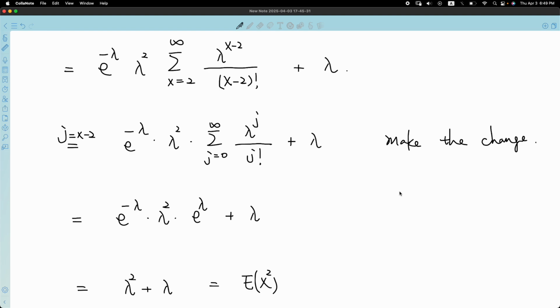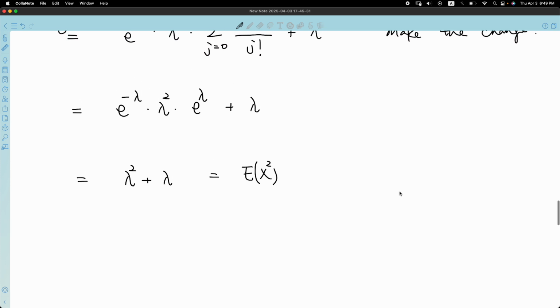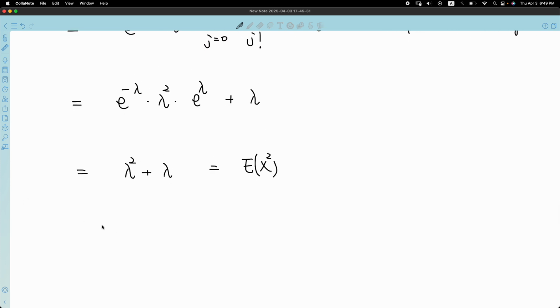We finished calculating the first moment and the second moment. Now we're ready to calculate the variance. The variance of x is equal to the second moment minus the square of the first moment.